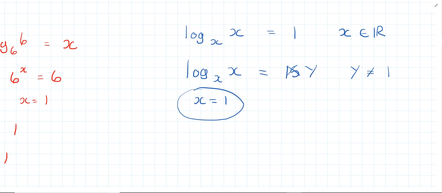So how is log to the base 1 of 1 equal to 15? Because what would that be telling me? That would be telling me 1 to the power of 15 equals 1. If I change it to y, 1 to the power of y equals 1, because we've already discussed that that's always going to happen no matter what it is. So you could do log to the base 1 of 1 equals anything. Exactly.